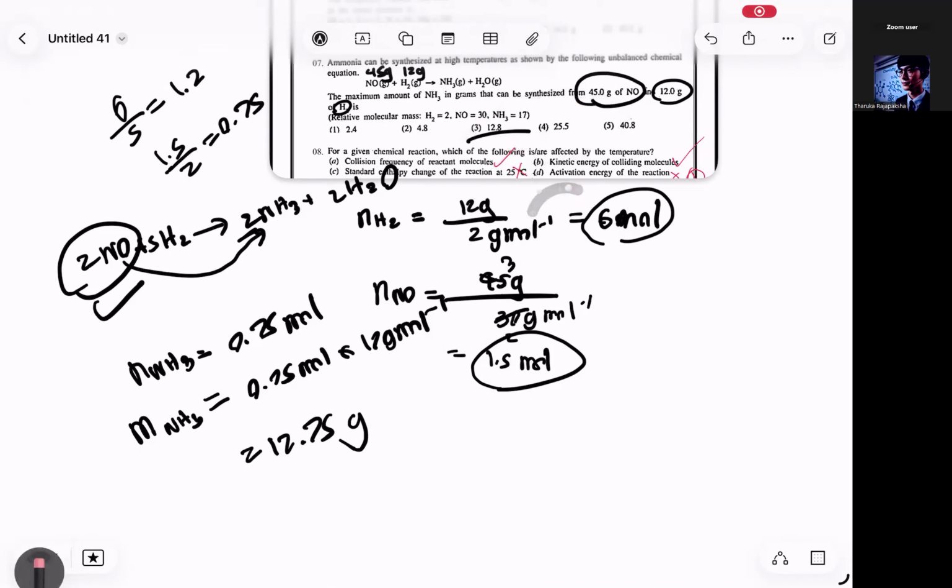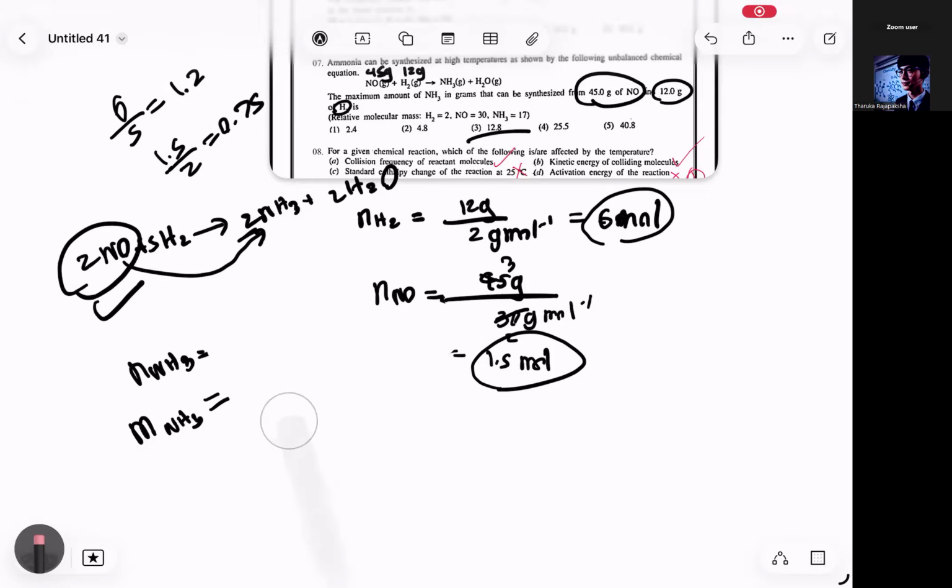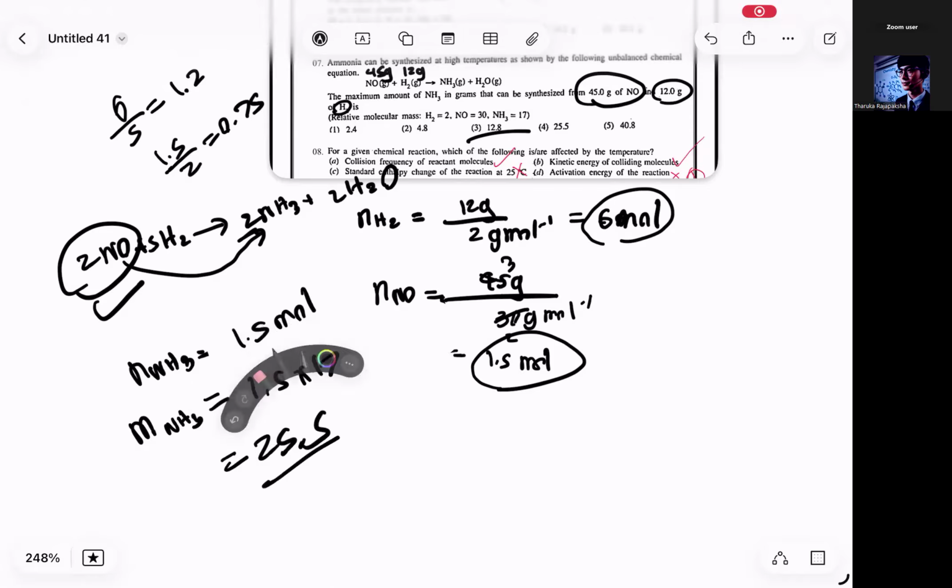The number of moles of ammonia formed will be the same amount, 1.5 moles. So 1.5 multiplied by 17 is going to be 25.5. Yes, that's the answer. Sorry, my bad, I messed up with the amount. So 25.5 is the answer.